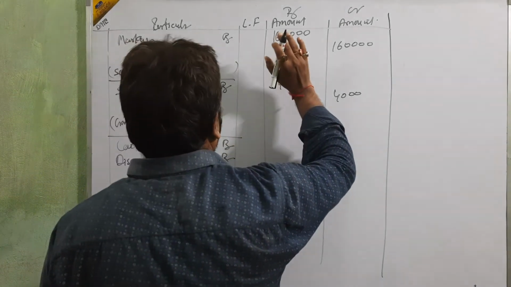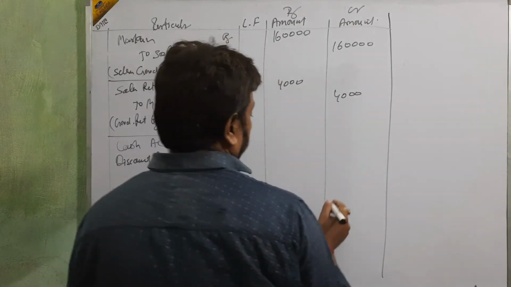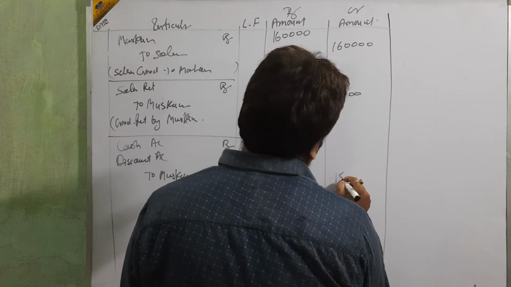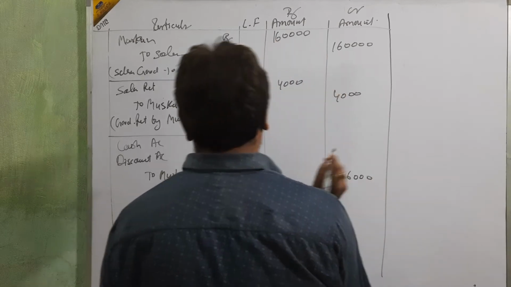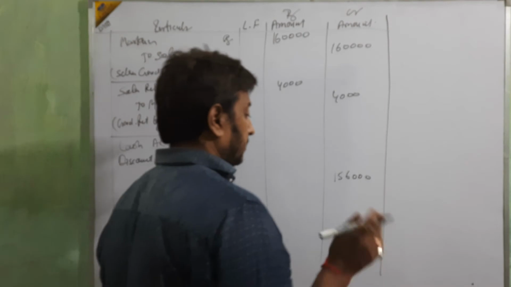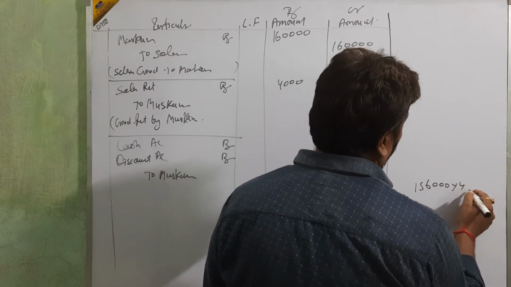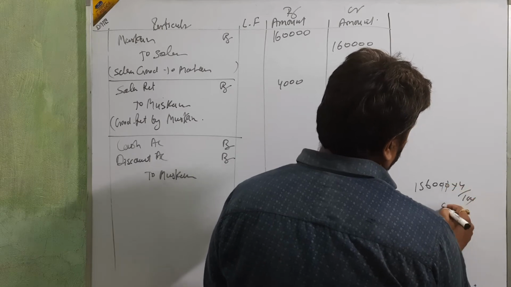You sold 1,60,000, 4,000 return. It means 1,56,000 should be received. 4% discount: 1,56,000 into 4 upon 100.